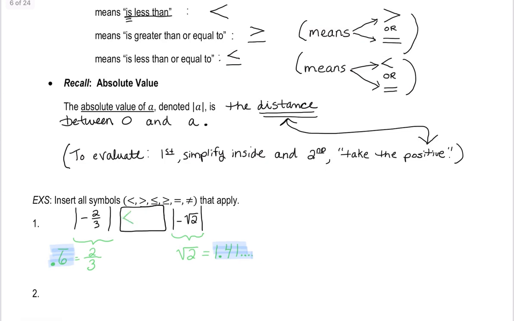And if the less than symbol is true, then the less than or equal to symbol must also be true, because it just has to satisfy one or the other, and it already satisfied the less than part. The last one that's also true is that these two aren't equal to each other. So not equal would be a third symbol that makes a true statement.